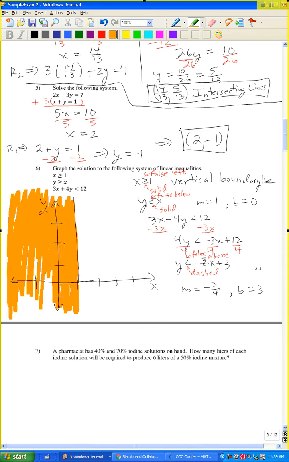I'm getting rid of all this where it's not the solution. So it's not the solution over here.